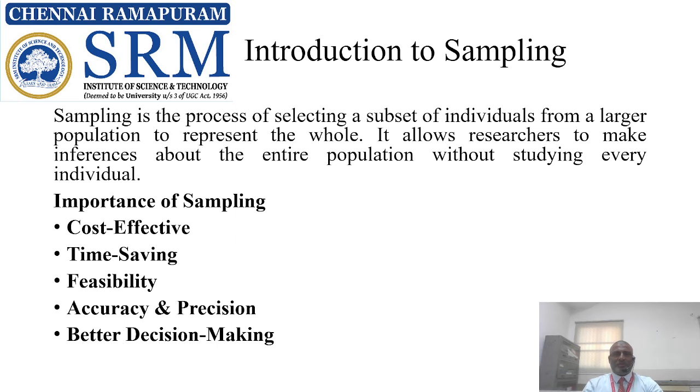Reading every individual takes an entire time. Meanwhile, having a small sample makes it time saving, and it is very feasible. And the results which we obtain from the small sample will be replicated to the entire population. That is very feasible. So those are the most significant and important aspects of sampling.